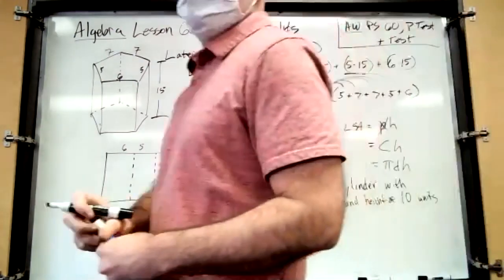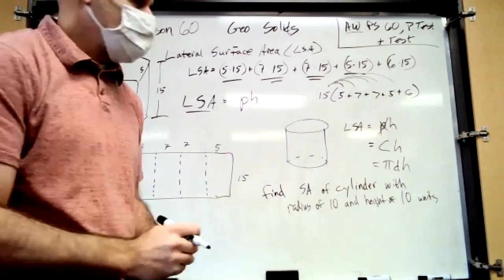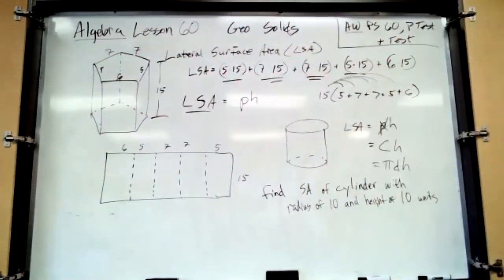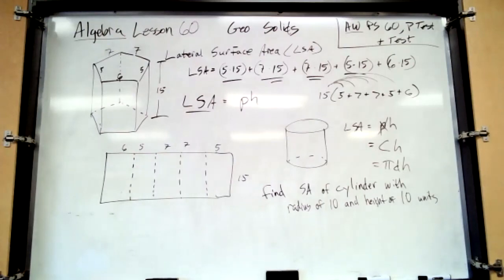Yes. Oh, I thought you said lateral was correct. So, you know what you did? You found the volume of that cylinder. And that is a great answer, but it's the volume. So I want you to find the surface area.